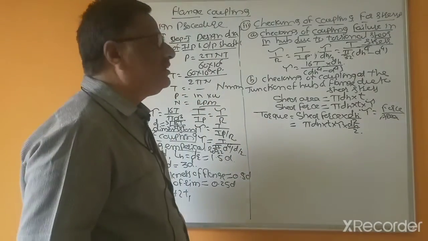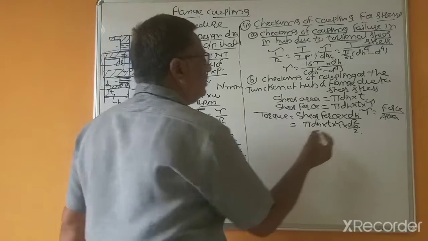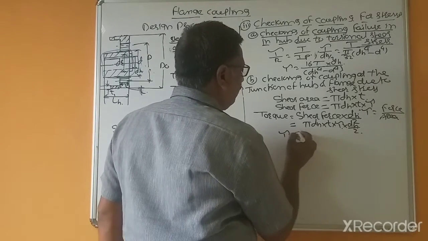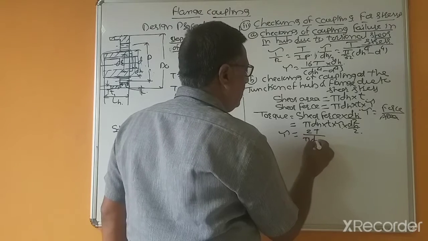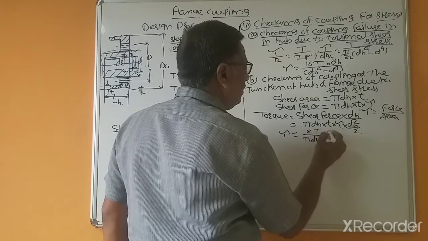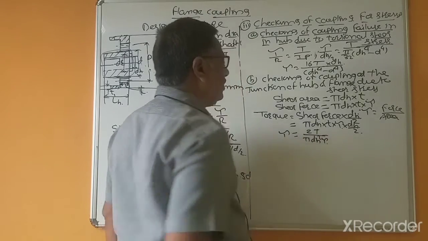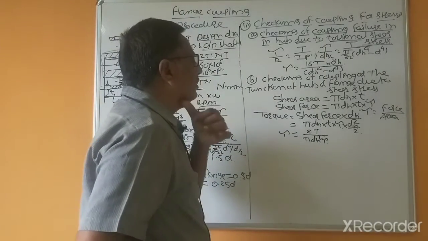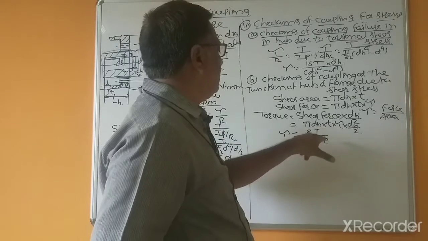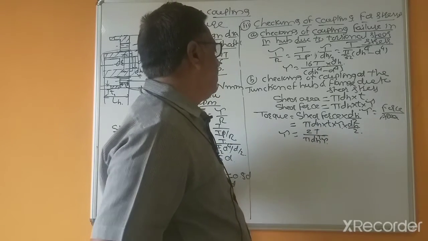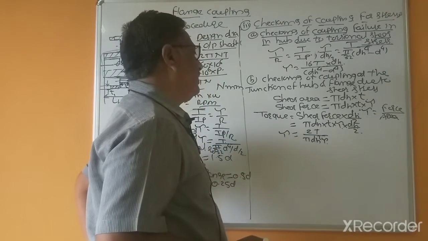This is for checking purposes, so tau becomes 2T divided by pi dH squared into t.